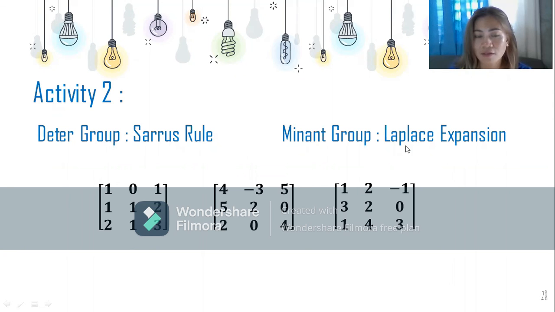So, nasa iyo na yon, ha? Kung mas easy si Sarrus rule, yun yung gamitin mo. Kung mas easy si Laplace expansion para sa'yo, yun din yung gagamitin mo. Anyway, you will arrive at the same answer. And in checking each other's work, what communication did you use to arrive at a correct answer and finish the task on time?